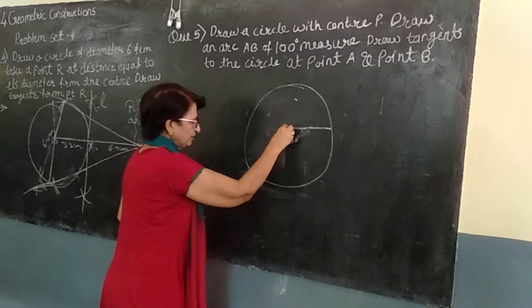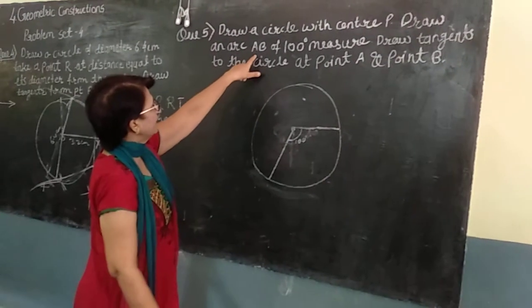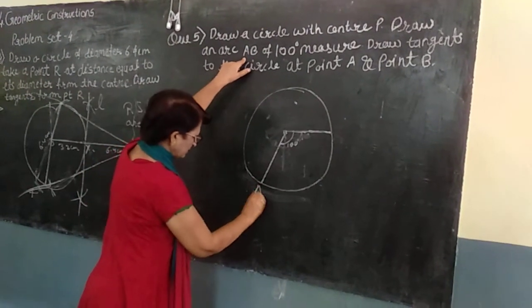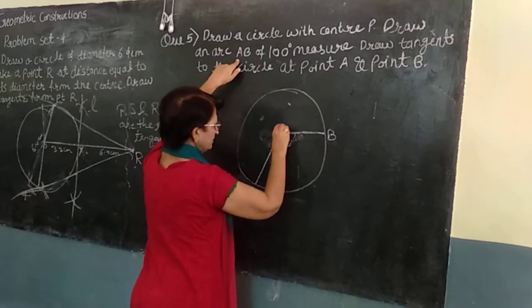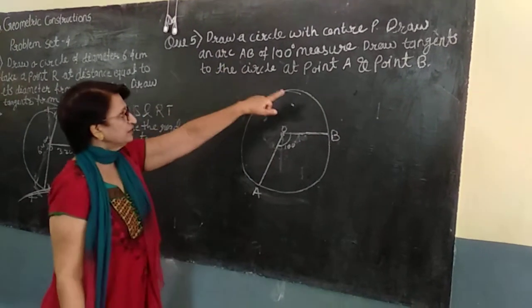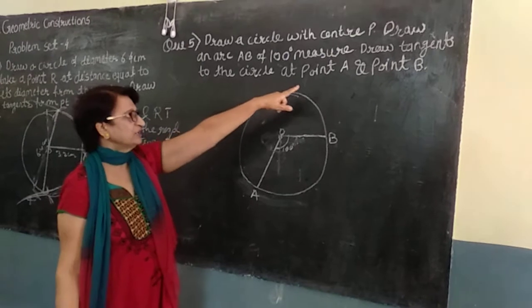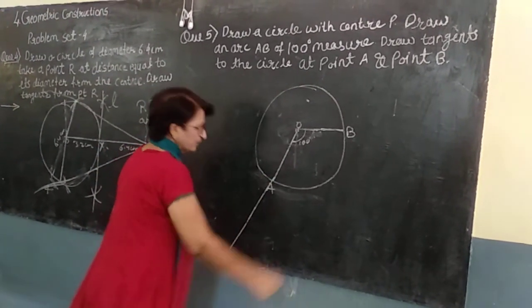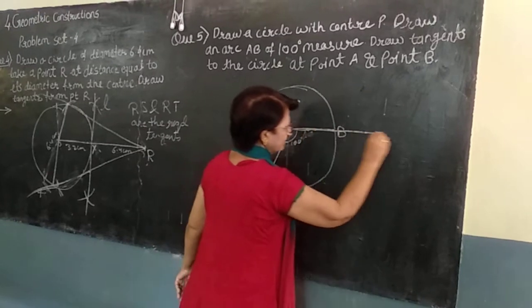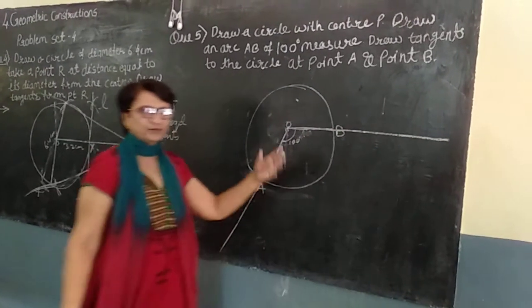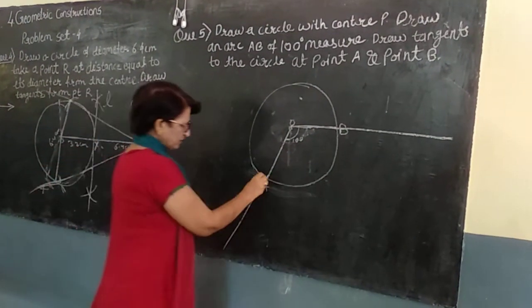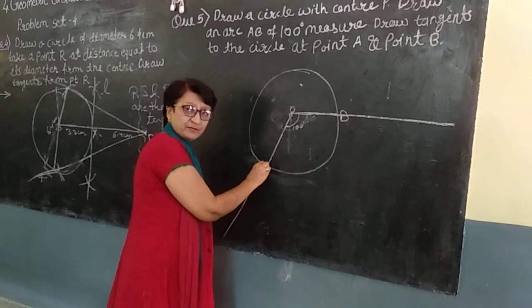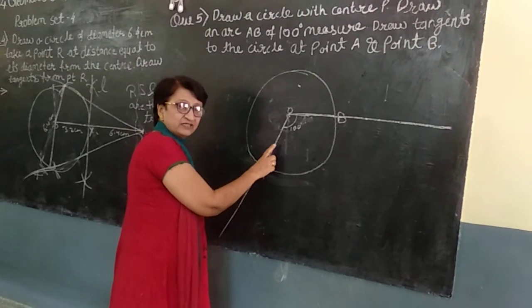After that it is the same thing. What you have to do? They are saying that we have an arc AB. So this is A, this is B, this is O. Draw a tangent to the circle at point A and point B. You have to extend this line and again use the old method. Put your compass point here with any convenient radius.